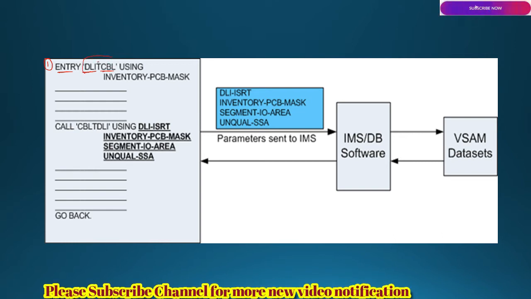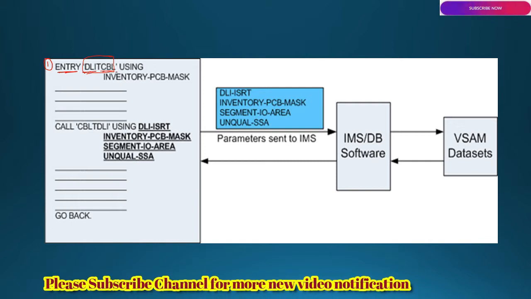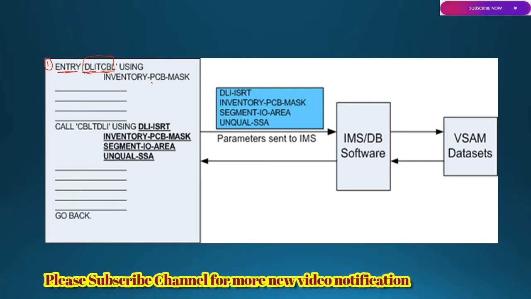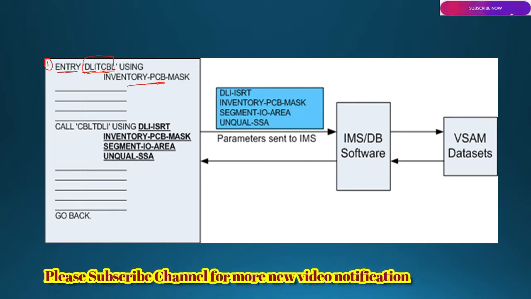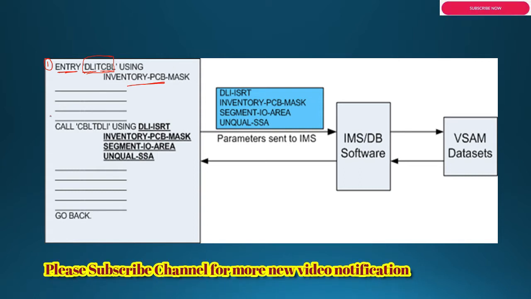Means we use this utility by using the entry, and we pass the inventory PCB mask copybook to it. The next statement is the call statement. Here we have used this utility, and we are passing all four parameters to the IMS DB software.